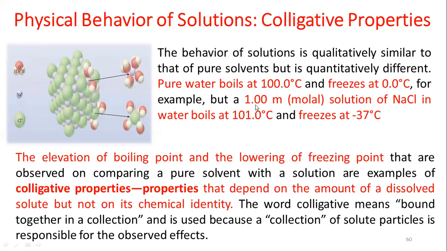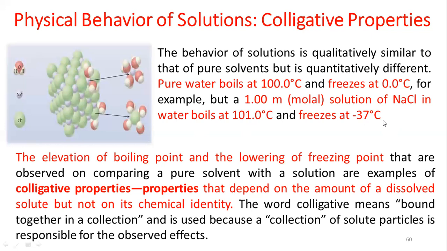So for example, when you dissolve 1 mole of sodium chloride in 1 kilogram of the solvent, which is water, that means this is 1 molal. Molal means 1 mole of the solute per kilogram of the solvent. Then the water boils at 101 degrees centigrade and it freezes at minus 37 degrees centigrade.